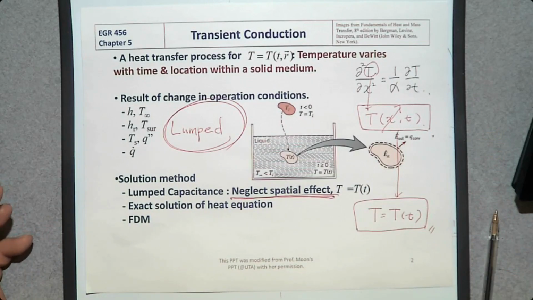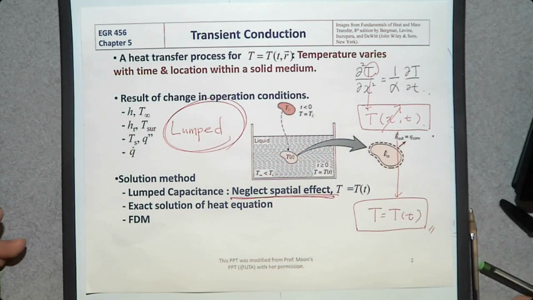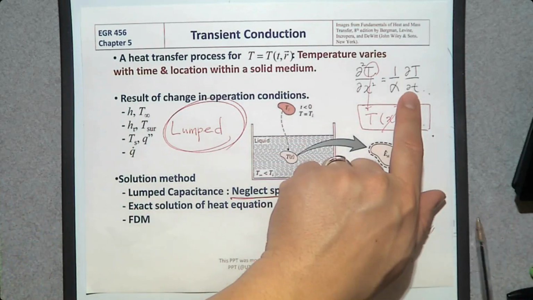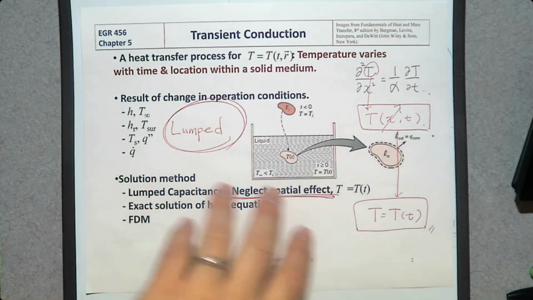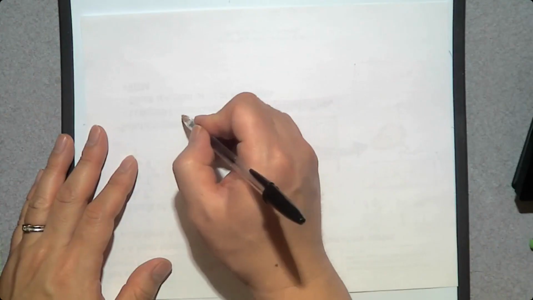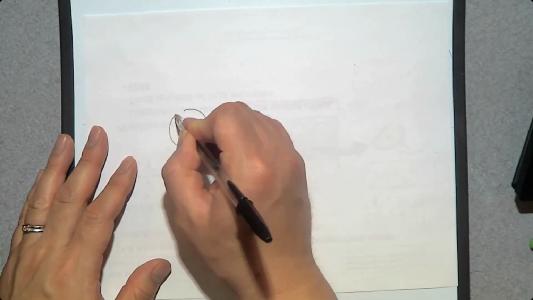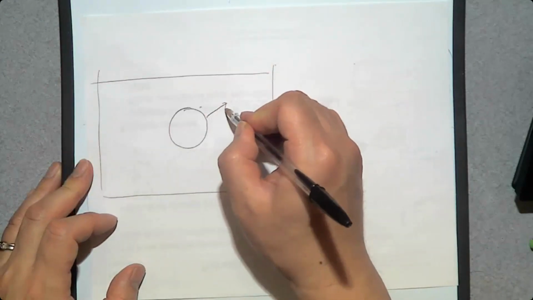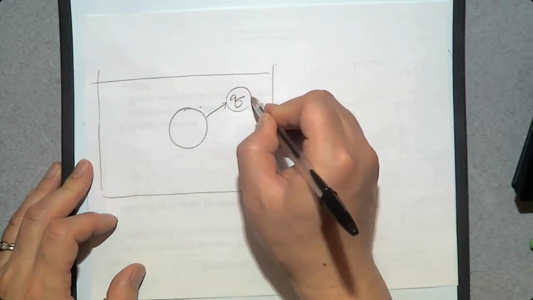Then how can we come up with the governing equation? The governing equation is pretty simple. So let's solve this equation. When we have a solid and the surrounding fluid, and we expect that there is a heat transfer, Q. What is this heat transfer?